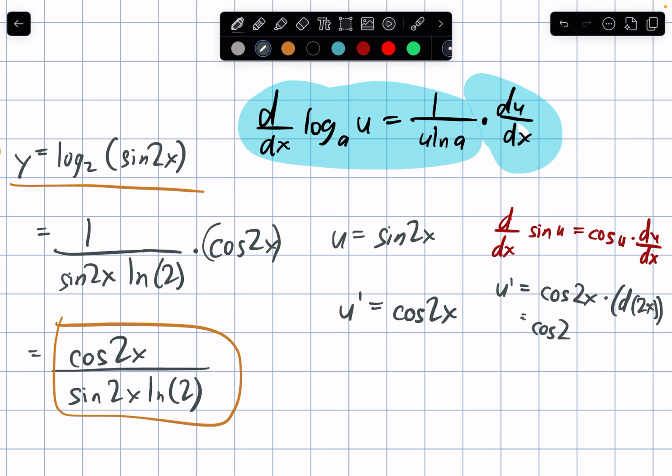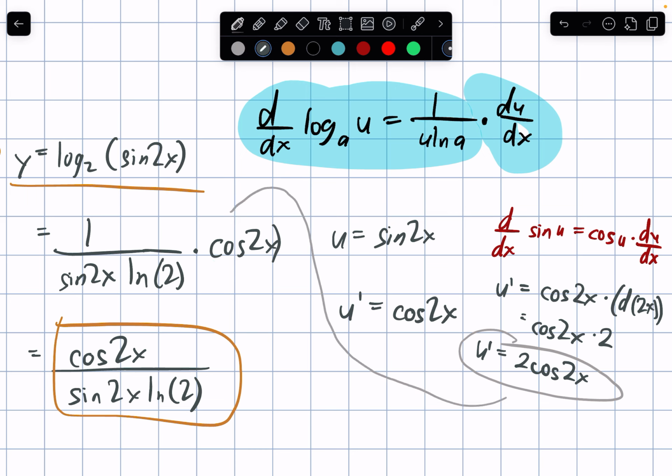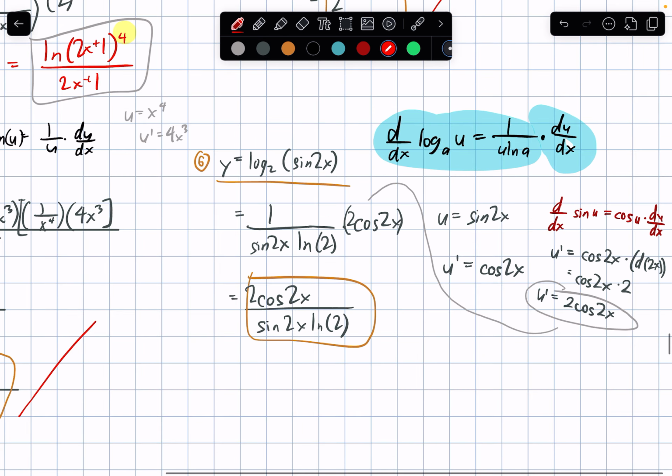That's equal to cos 2x times 2. Hence we get 2 cosine 2x as our derivative of u. So we put that here. And yeah, that's it. Let's check again. I need to review this. Basic mistake. 2 cos 2x over sine 2x ln 2. Correct.